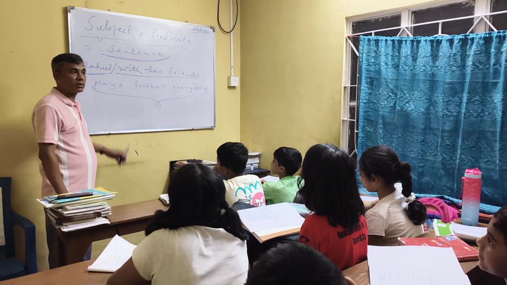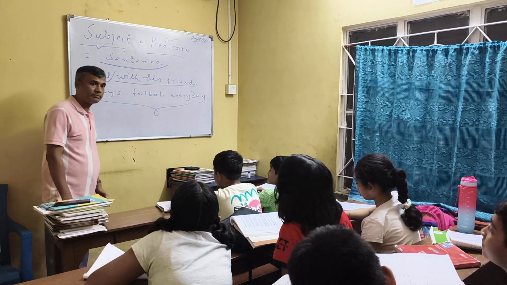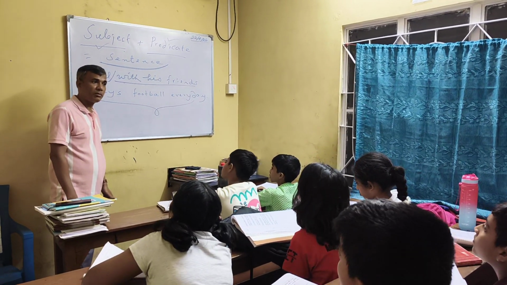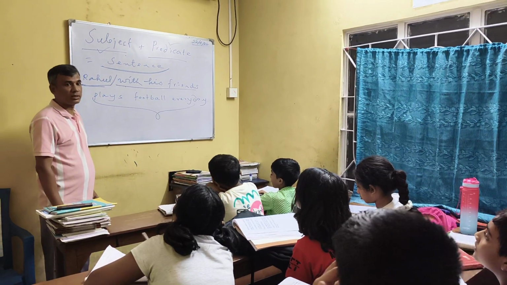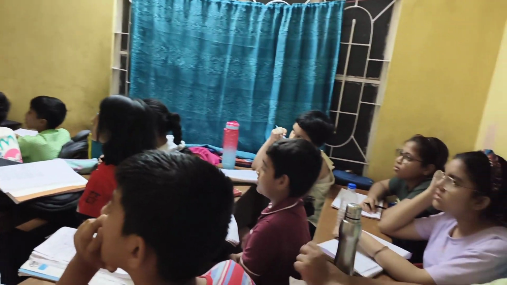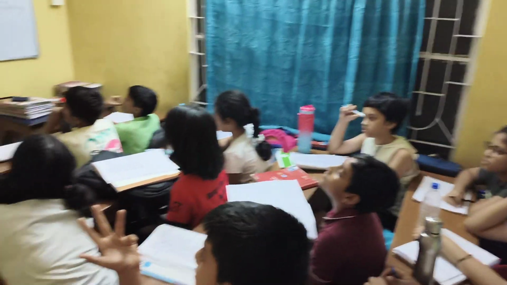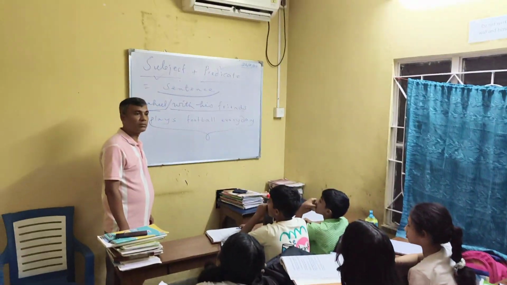At the same time, you can frame an interrogative sentence with the help of a WH word. Which ones are the WH words? Who, which, what, when, where, how, why. All these are seven words.